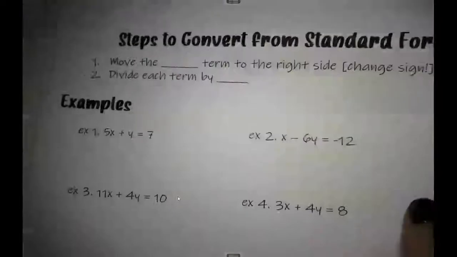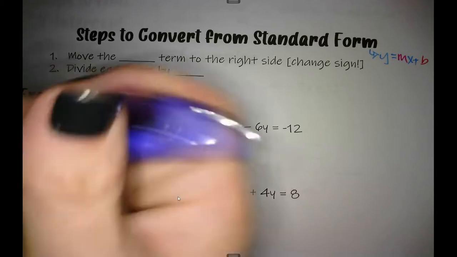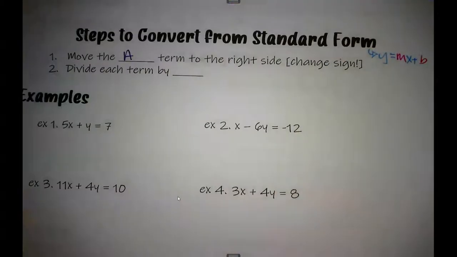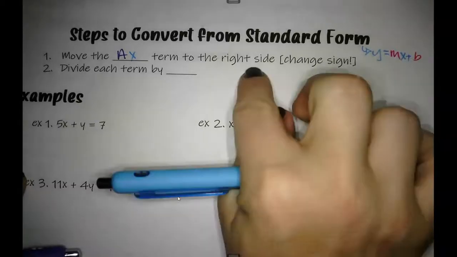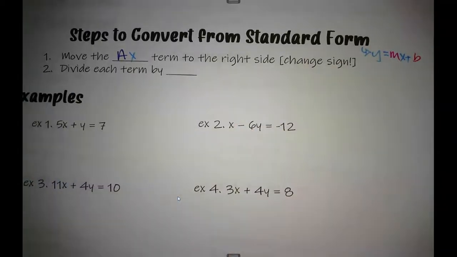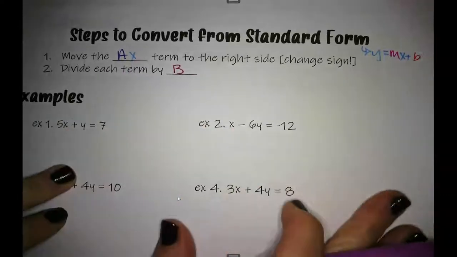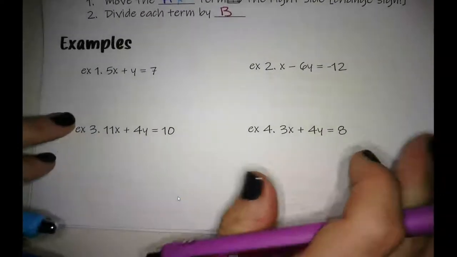Two easy steps. We're going to move the ax to the right side. Remember, we're going to change our sign. And then we're going to divide by b. We're going to divide each term by b. So let me show you what that means.